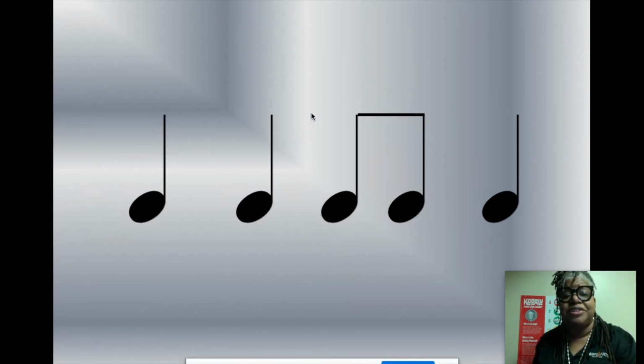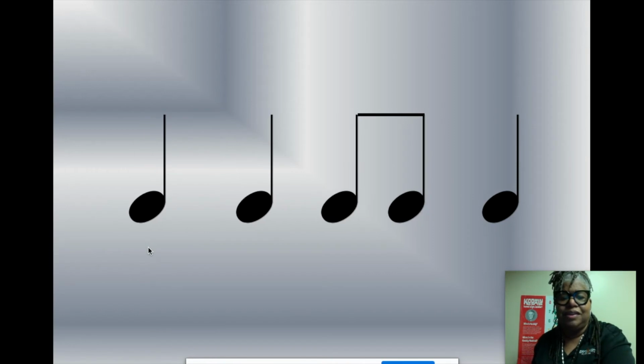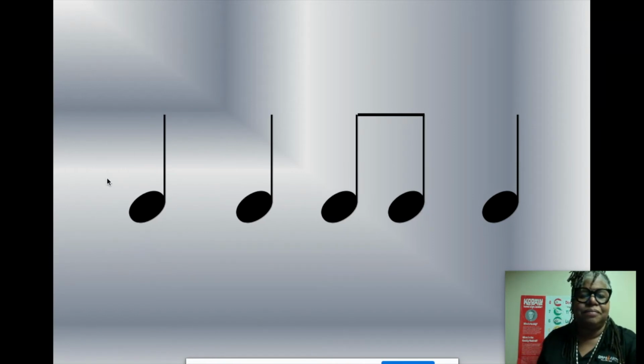So these notes are going to be divided. Okay? So again, if these were all quarter notes, it would be ta, ta, ta. Whoops, let me get my cursor going. Let me do it again. Ta, ta, ti, ti, ta.